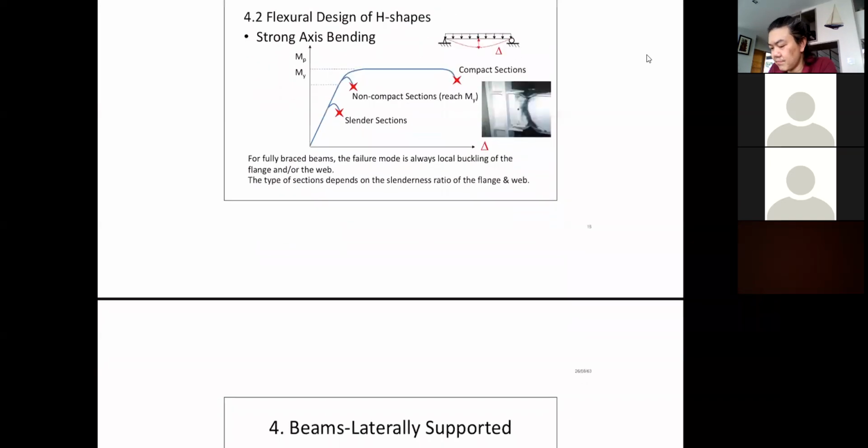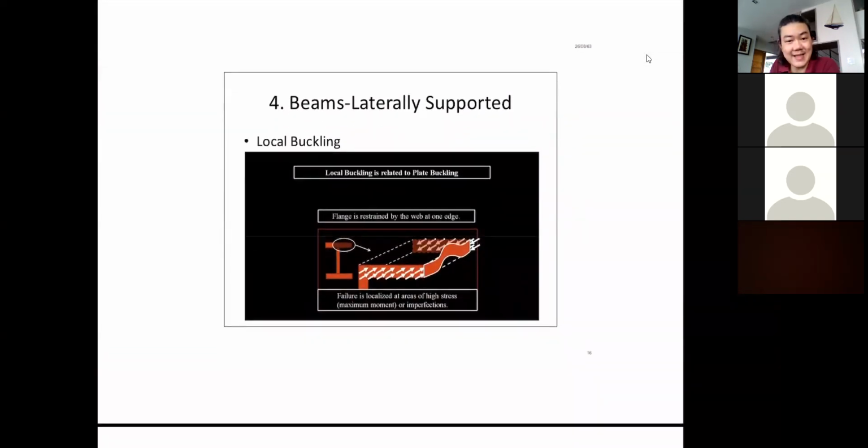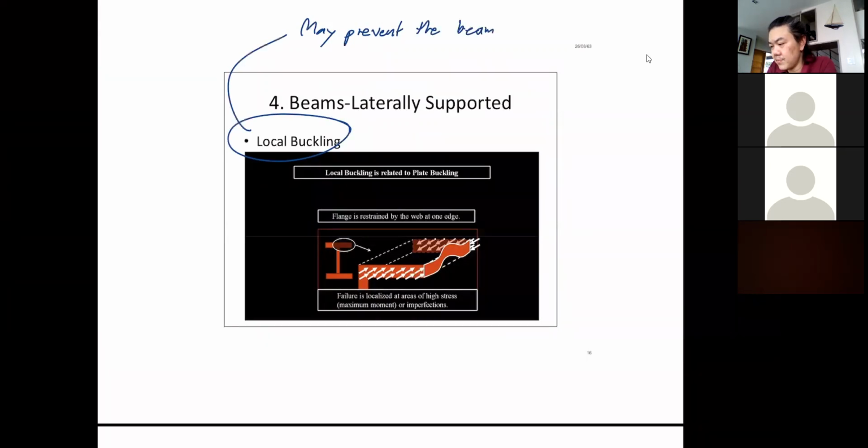Okay. So now it's local buckling again, just like in compression member. So we can say this is the one that may prevent the beam from reaching MP.